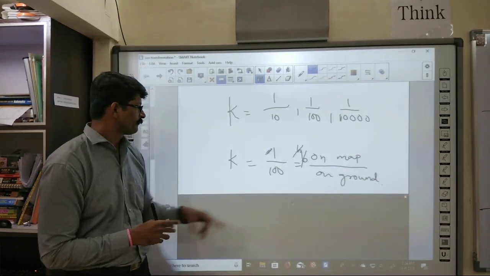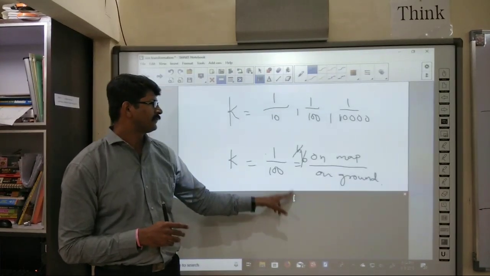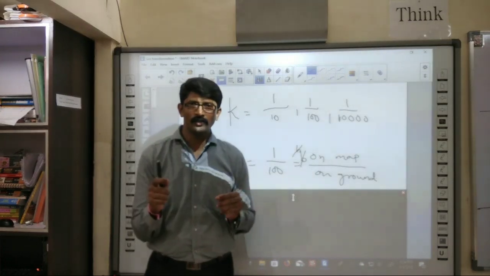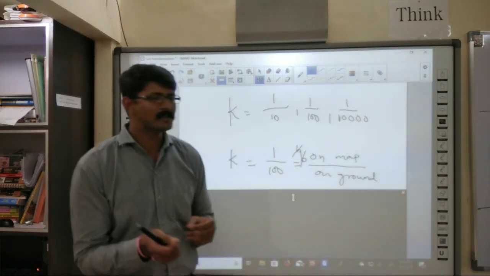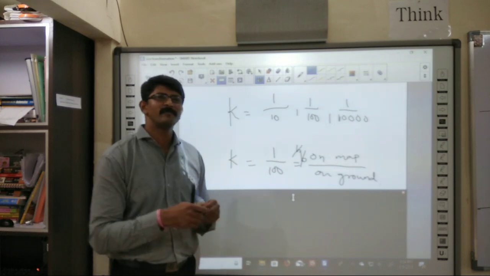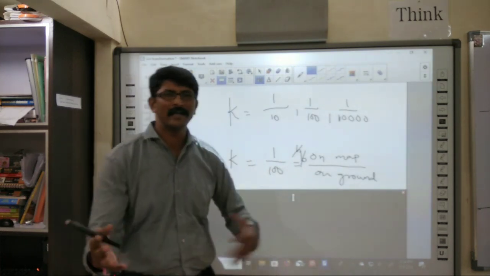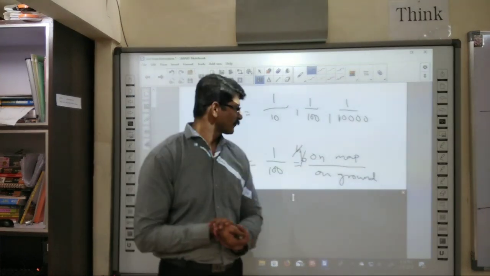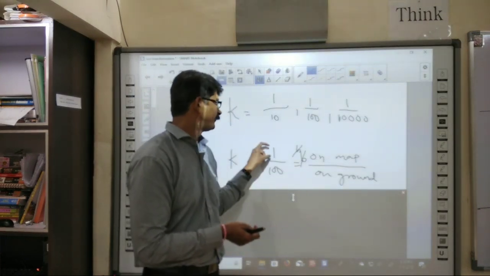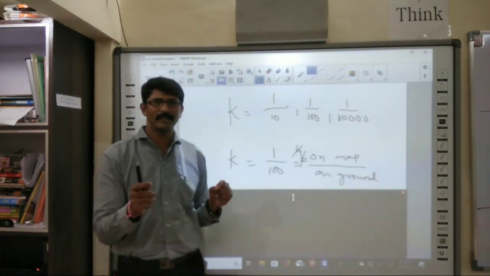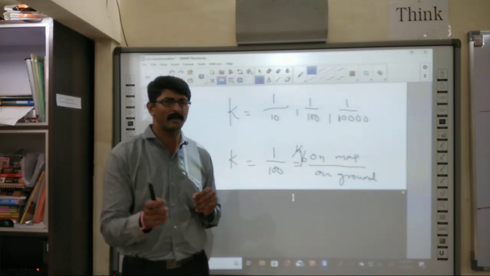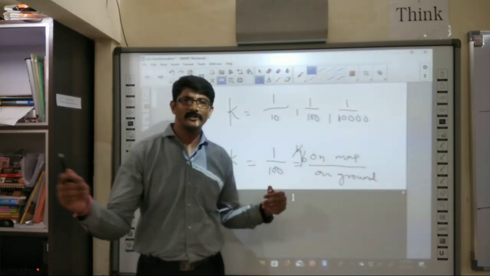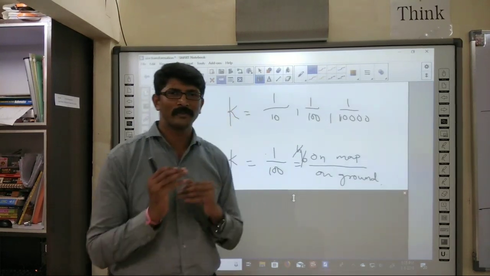Are you understanding? So if the breadth of the river is 1 centimeter on the map, that means it is 100 centimeters on the ground. It's just an example, a river can't be 100 centimeters, isn't it? So if the length of the road is 1 centimeter on the map, that means 100 centimeters on the ground. I hope you have understood.